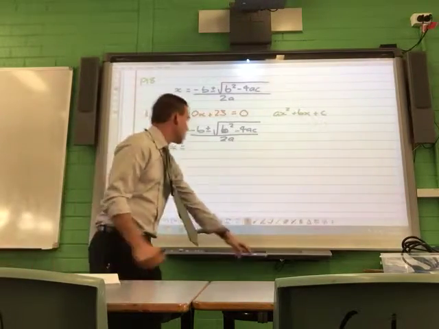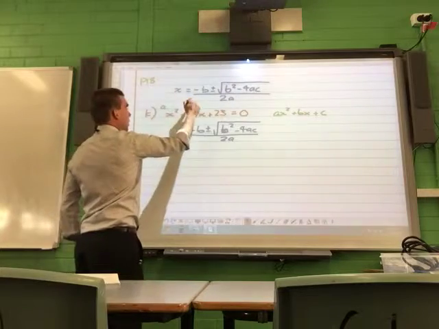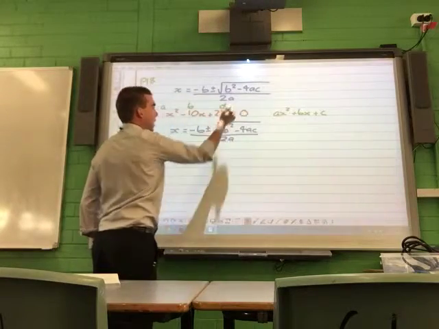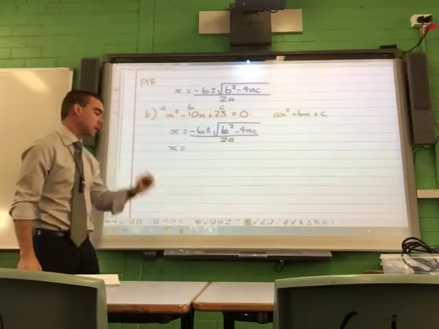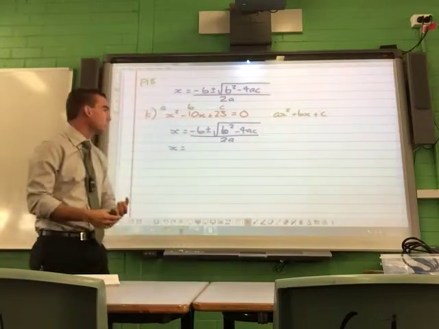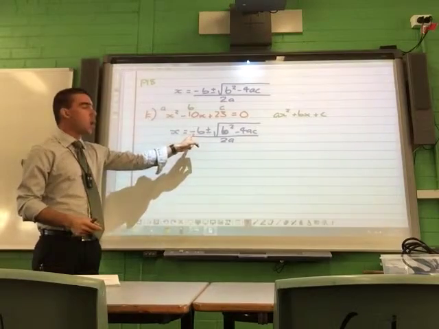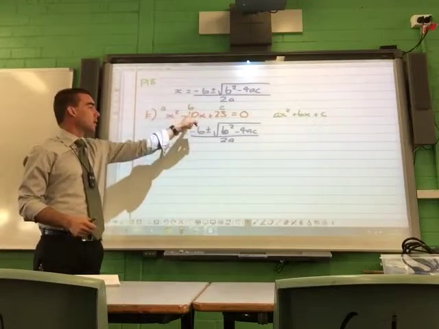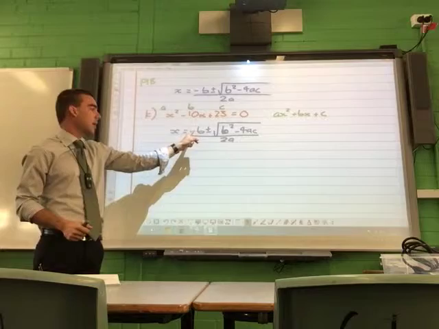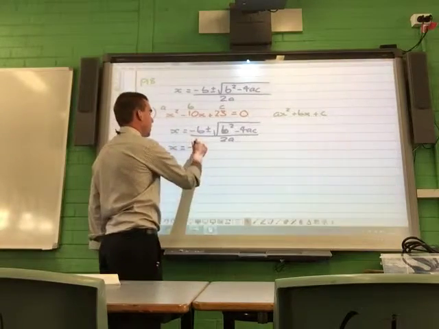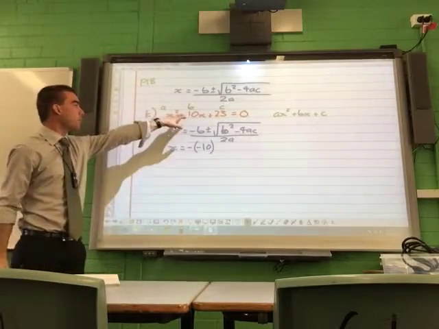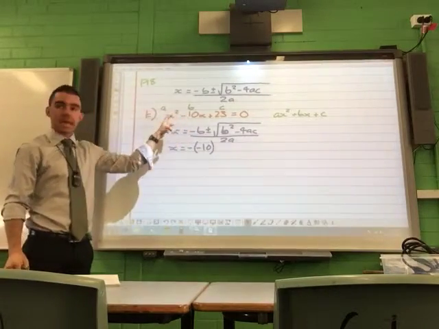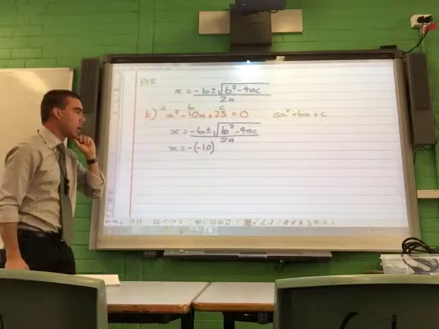So, this is a, this is b, and this is c. You also need to make sure that you are aware of the signs involved. So, minus b. b is minus 10, but you also need a minus sign out the front. So it will become plus 10, because there's already a minus sign in the formula, and b is minus 10, including the sign.